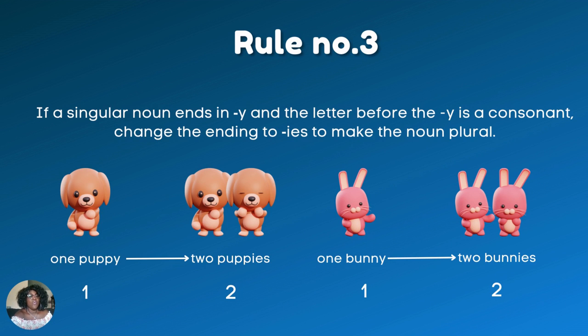Next example, one bunny. Bunny ends in a Y. So to make it plural, we have to take away the Y and add IES. One bunny, two bunnies. Next slide.